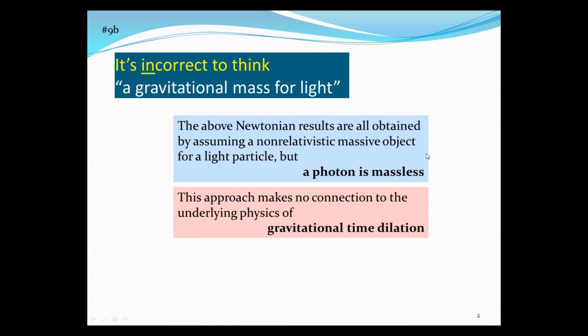There's never a non-relativistic photon. And also this derivation, while simple, makes no connection to the underlying physics of gravitational time dilation, so it doesn't fit the overall picture of the equivalence principle and GR.